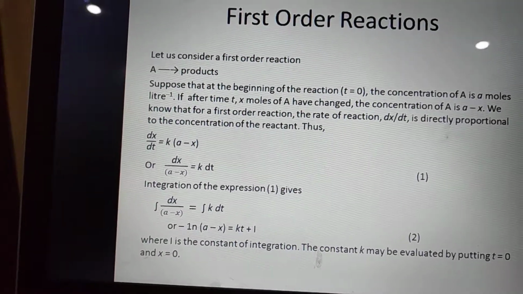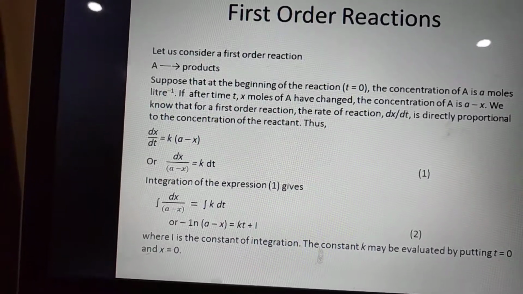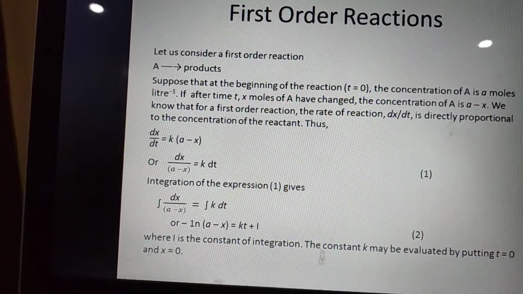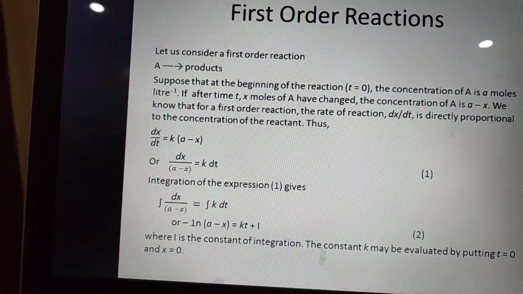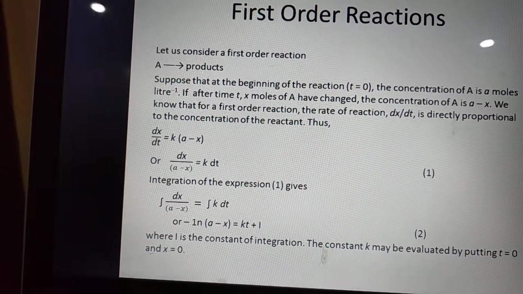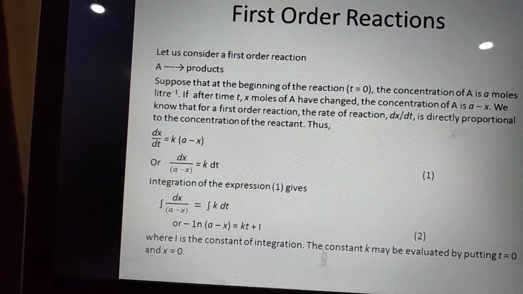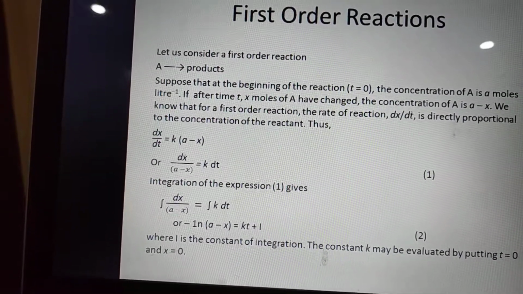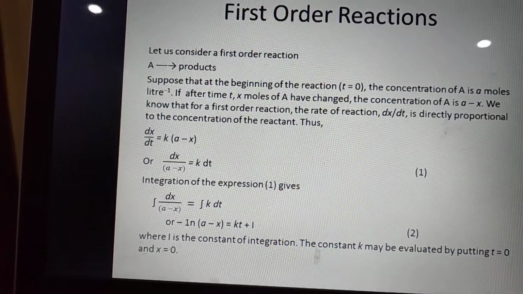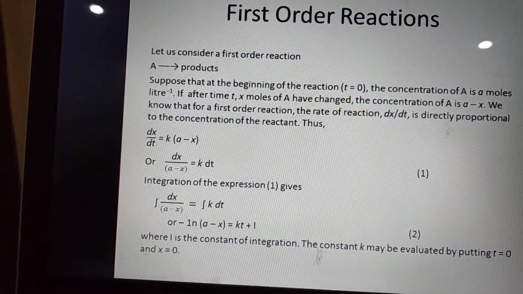Now for the first order reaction, let us consider the derivation. A converts to products. Suppose in the beginning, at time t equal to 0, when no reactant has converted into products, the concentration of A is a mole per liter.